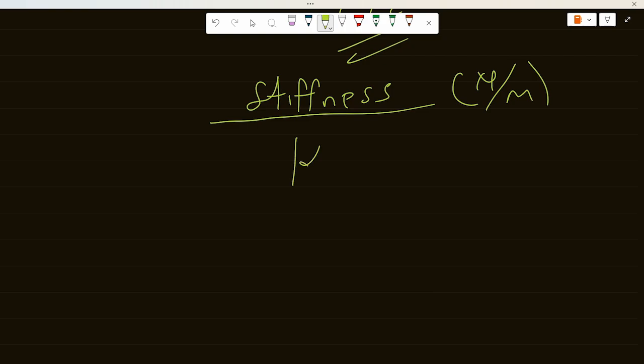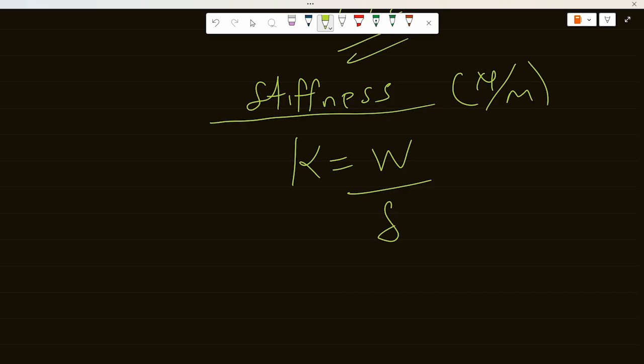So I can say that K is equal to W over deflection. And we've derived the formula for deflection. For courses like this, I would recommend that you know how to derive the formulas, and you know how to store the formulas. That is, you derive your formulas when it calls for deriving.